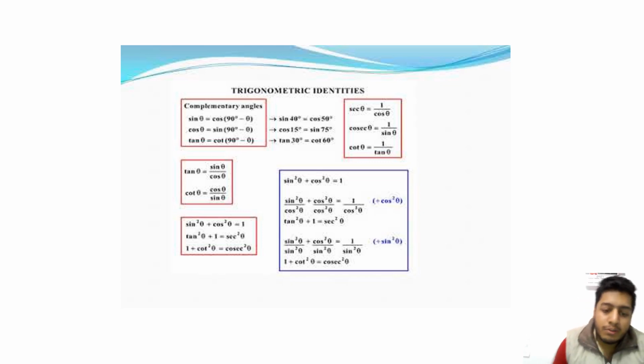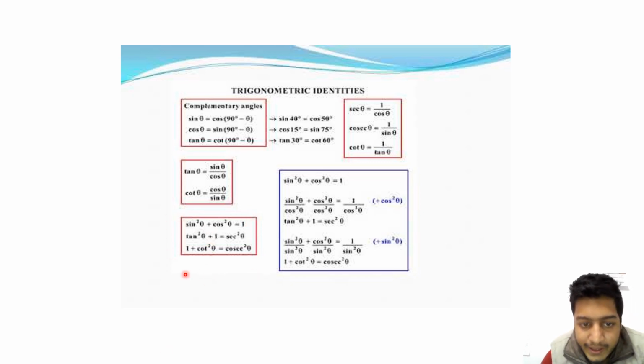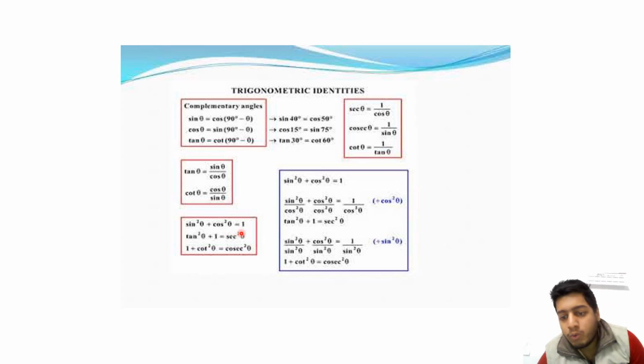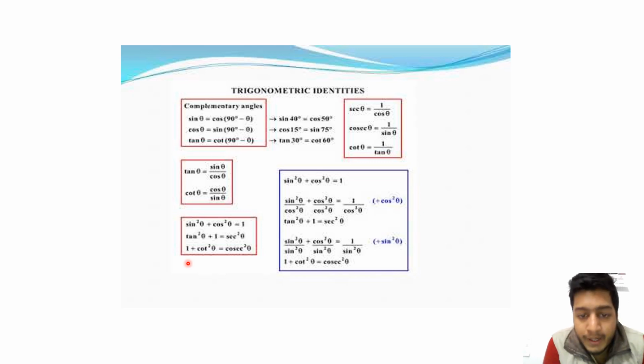Okay, first of all, we will learn about these three identities. Sine square theta plus cos square theta is equal to 1. So these are the basic three identities on which trigonometry is based. So this should be learned by heart. Okay, I can also prove one identity for you.